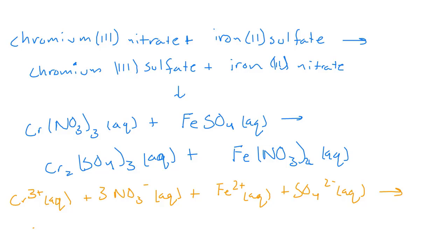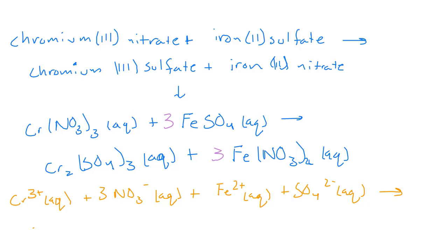It looks like we have 1 SO4 on the left side and 3 SO4s on the right side. So we should put a 3 right here. Now it's balanced for SO4s, but we've also changed the number of irons on both sides, so make sure we put a 3 on this side.